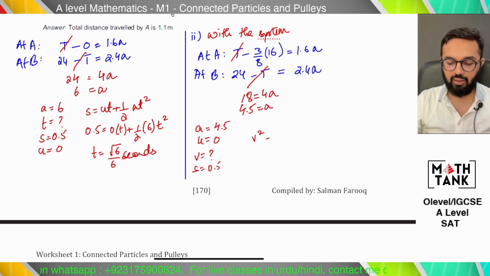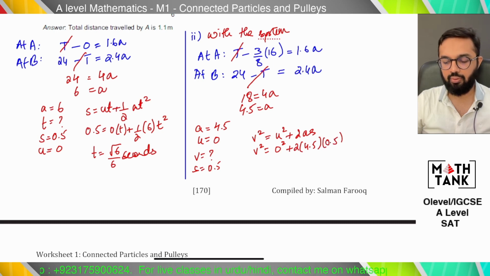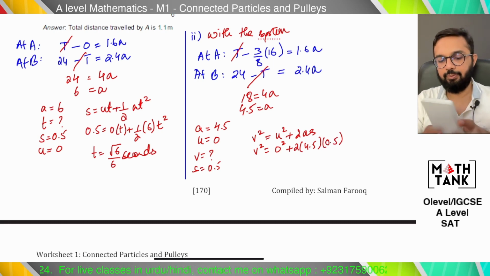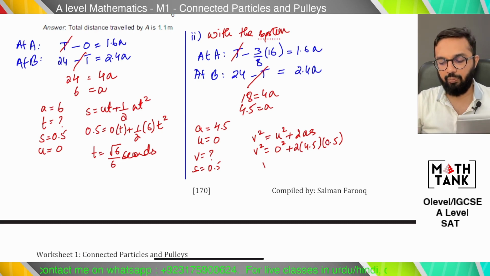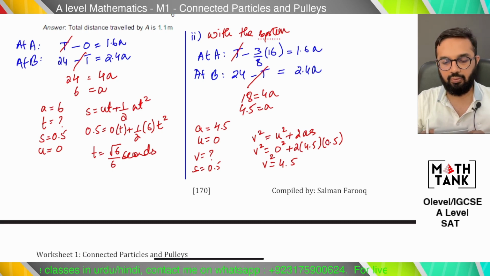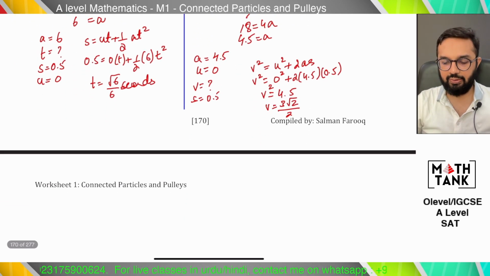So v squared equals u squared plus 2as, which is 2 times 4.5 times 0.5. So v squared equals 4.5 and v equals 3 root 2 over 2. So that was with the system.